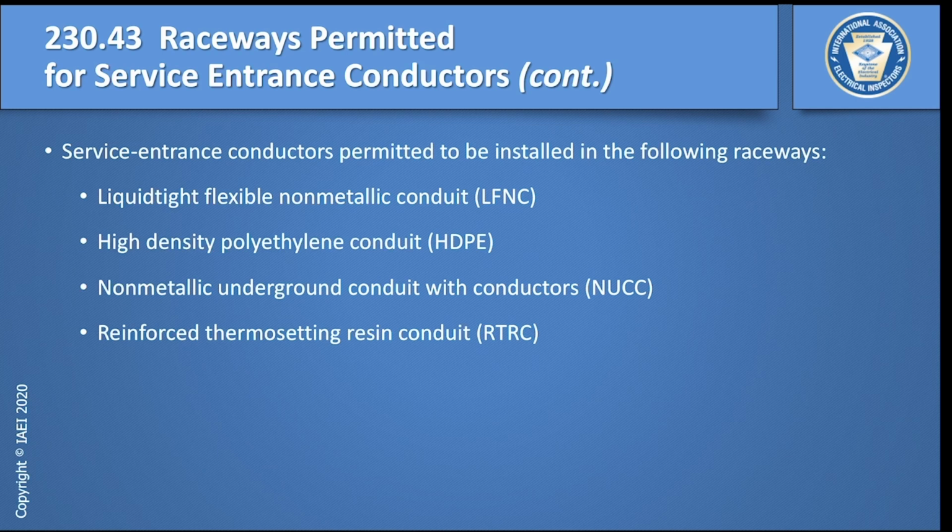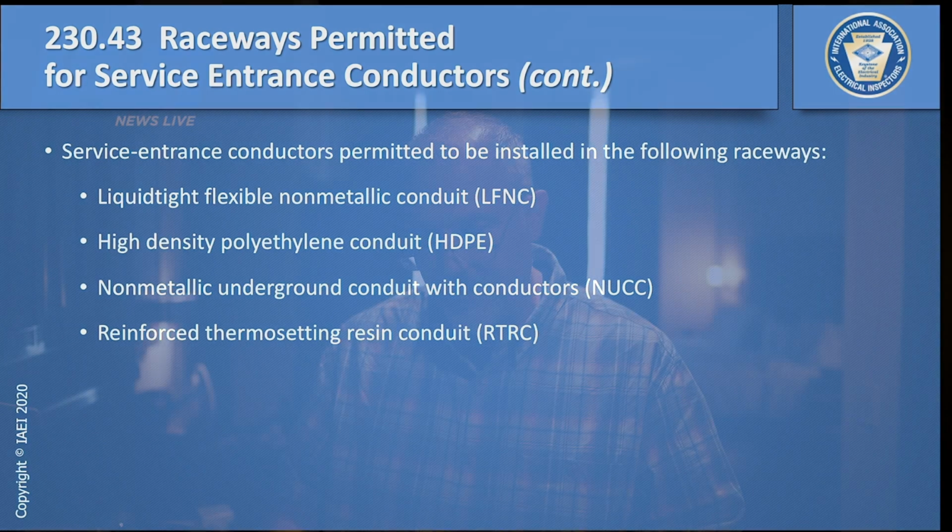230.43. I know there's more than one word in that word of the day, but it's still a word of the day. I'm sticking to it. Service entrance conductors are permitted to be installed in the following raceways: LFNC, high-density polyethylene conduit, nonmetallic underground conduit with conductors, and then reinforced thermosetting resin conduit.